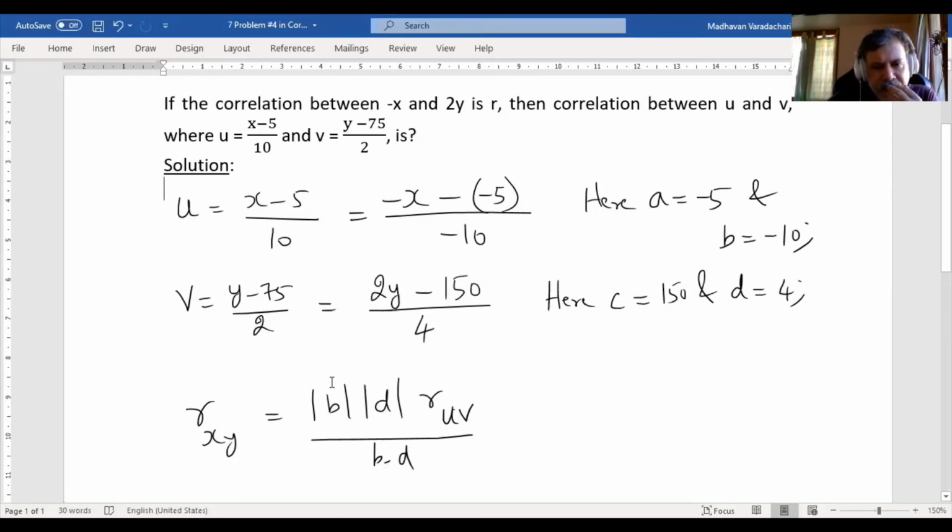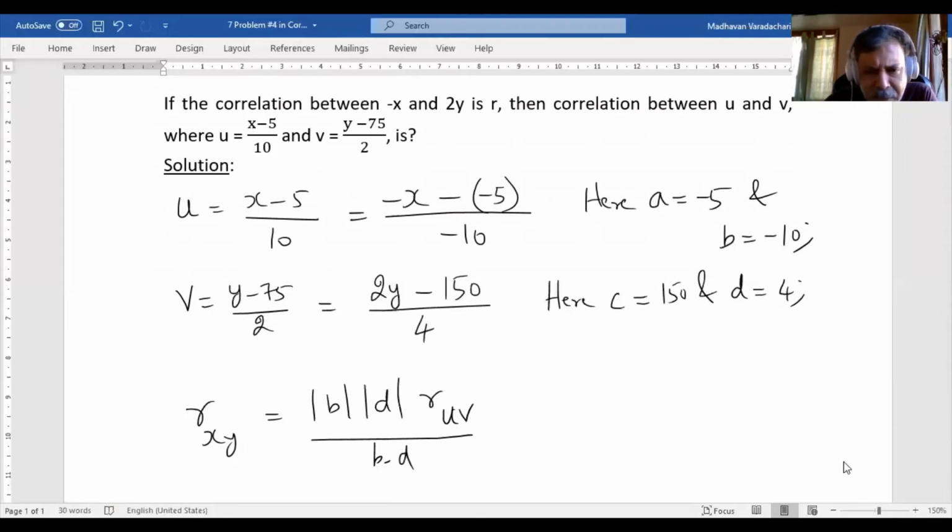But if b and d are of different signs, the numerator will become positive because of modulus, whereas the denominator will become negative. Here it is like that. b is negative 10, d is 4. So what happens is your correlation will change.